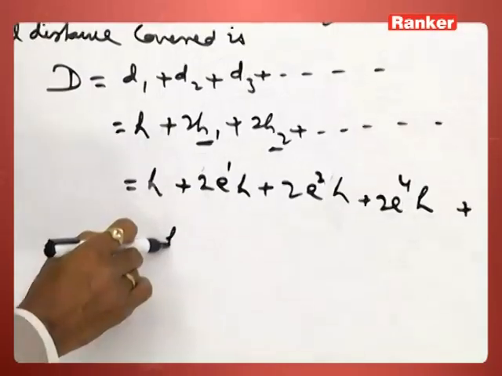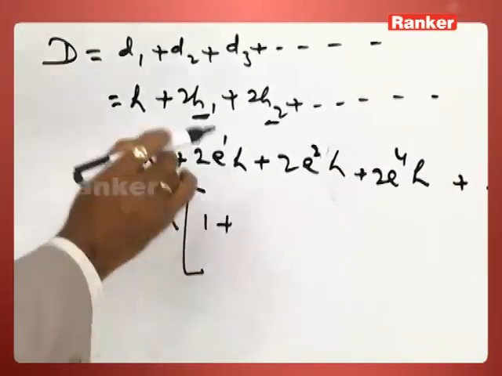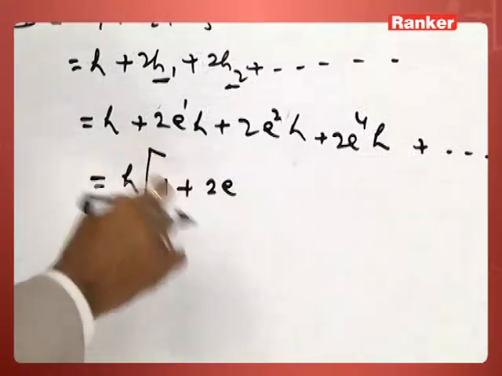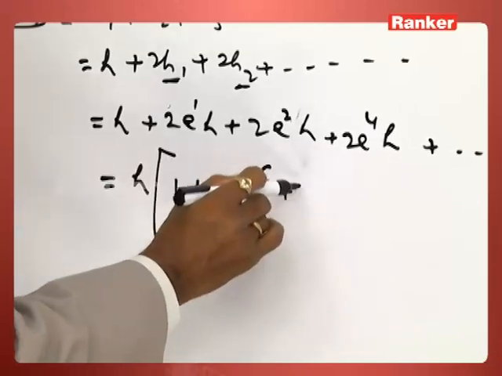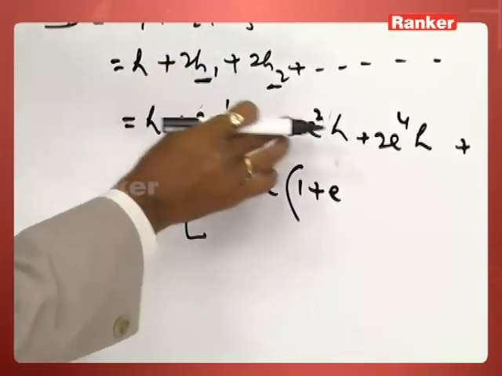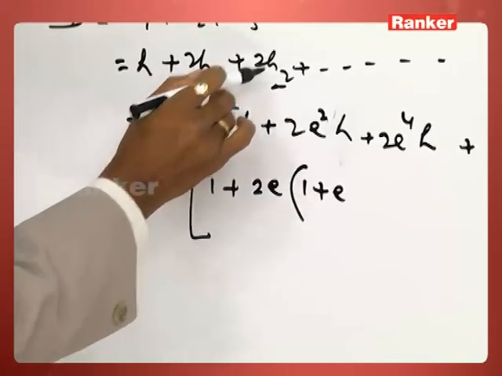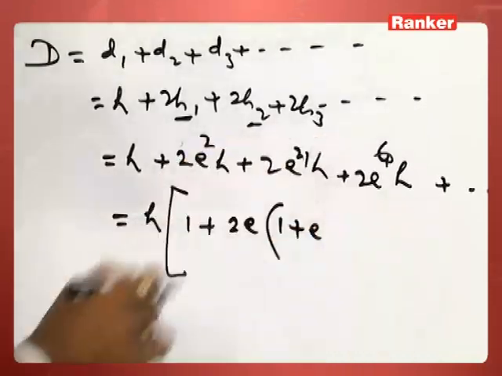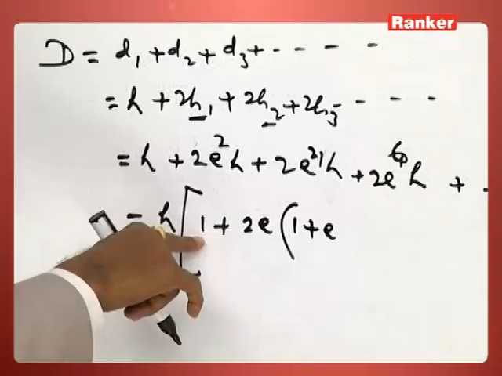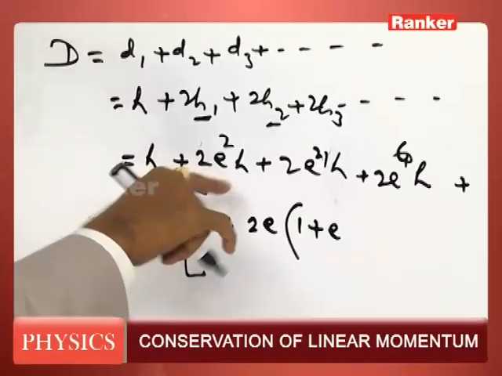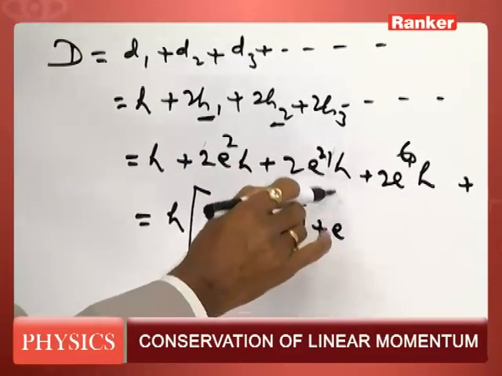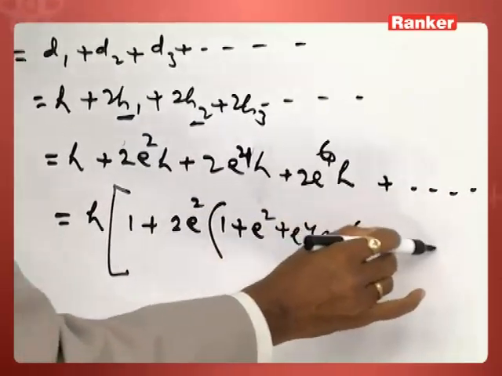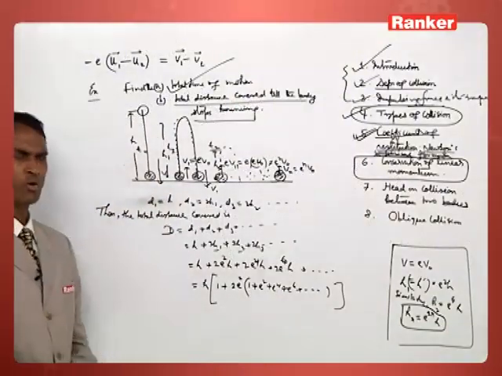So here you can take h common, and 2 common: h into 1 plus 2 times e square plus e to the power 4 plus e to the power 6 and so on. Infinite geometrical series again.